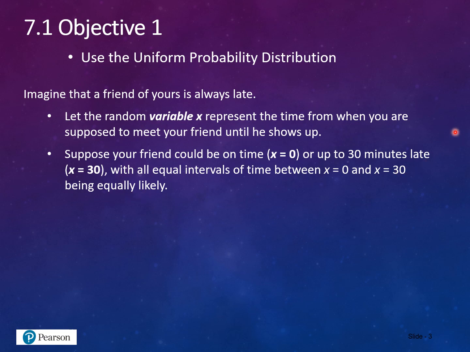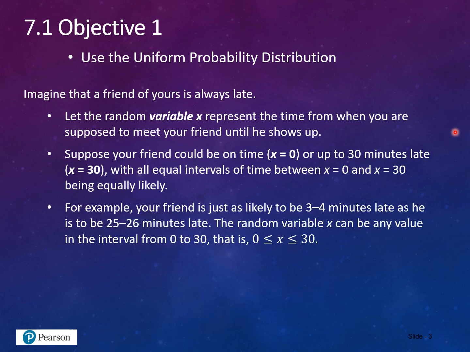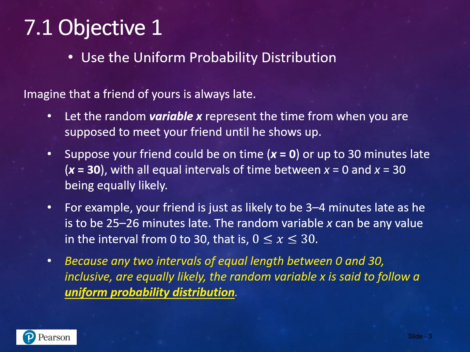So what we're saying here is just that it's equally likely that he might show up 10 minutes late, or 12 minutes late, or 14 minutes late, or between 5 and 10, between 15 and 20. As long as the intervals are equal amounts of time, they're equally likely. The random variable x can be any value in the interval from 0 to 30, that is, 0 is less than or equal to x is less than or equal to 30.